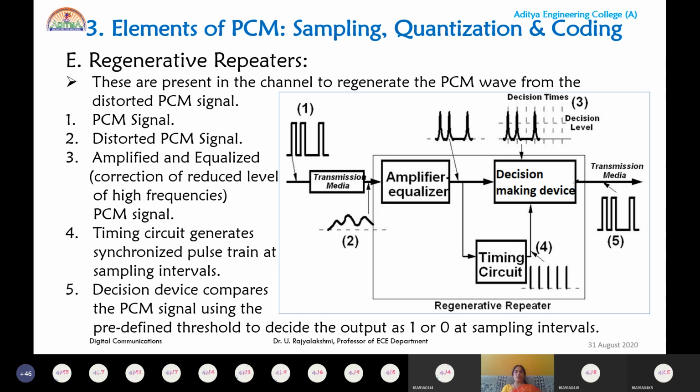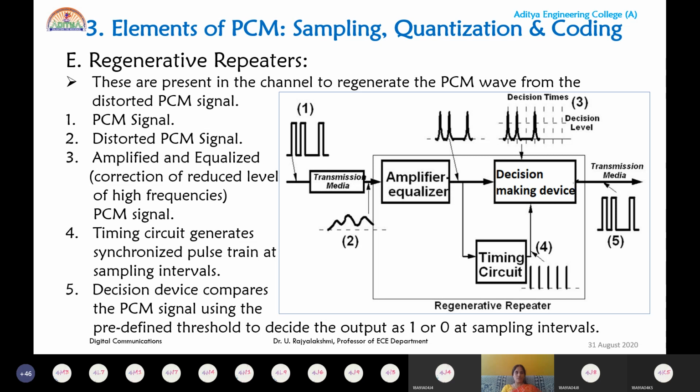The amplified distorted PCM is applied as input to the decision making device. Based on the PCM component, the timing circuit generates a synchronized pulse train at sampling intervals. Now the data is applied to the decision making device.